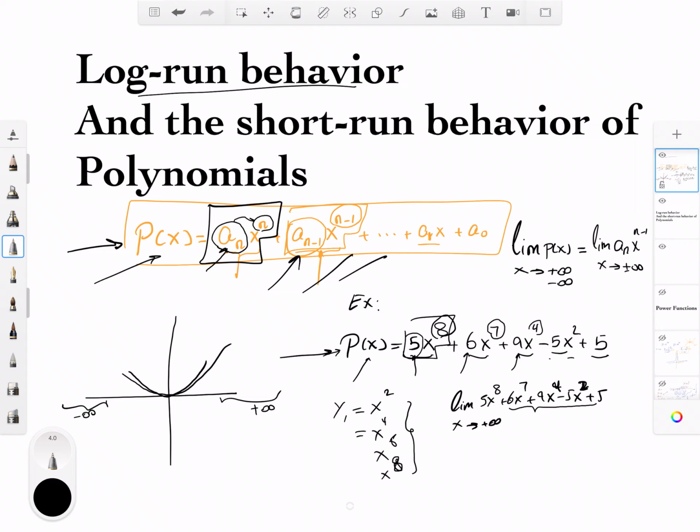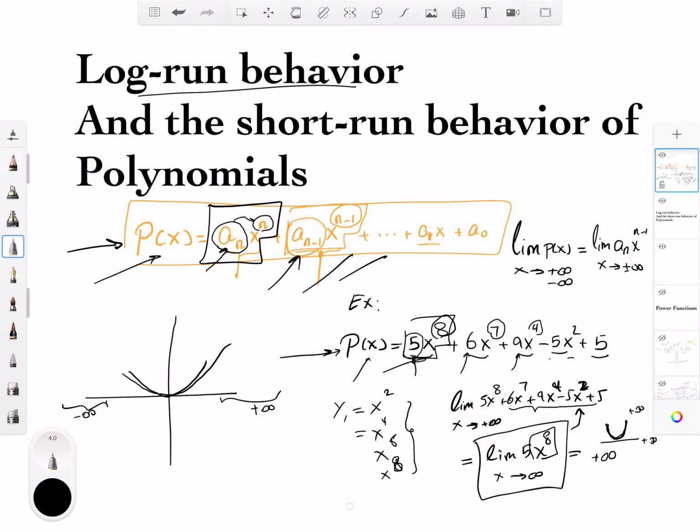This polynomial behaves the same as the limit of 5x to the power 8 as x goes to positive infinity. If you answer this one, you answer that one, which is much easier. x to the power of 8 is like a U, 5 is positive, so it's concave up. As x goes to positive infinity, y goes to positive infinity. So the answer is positive infinity.